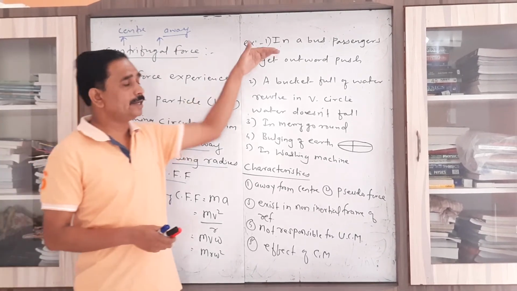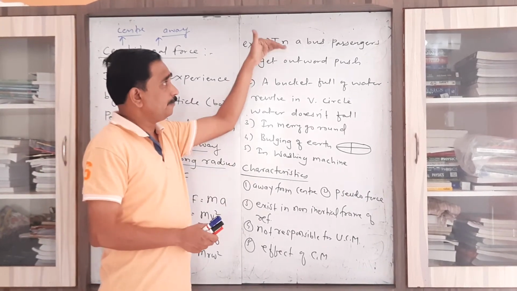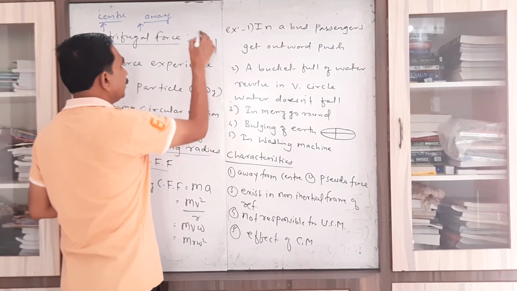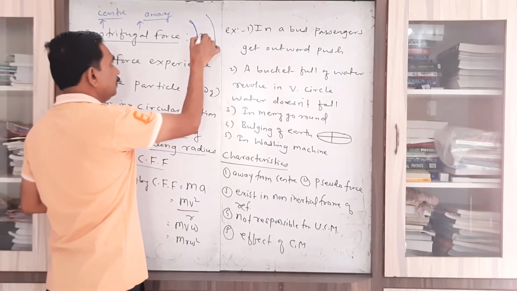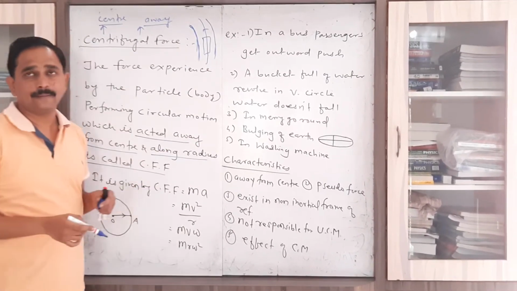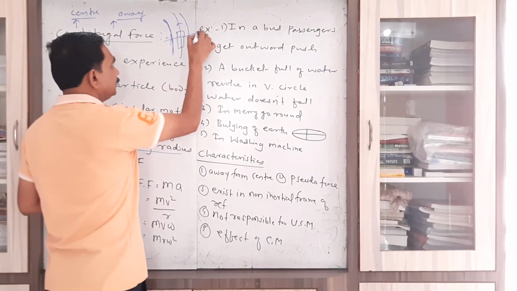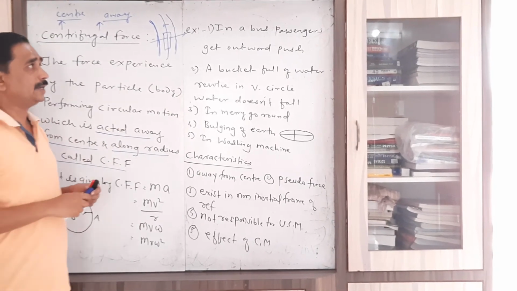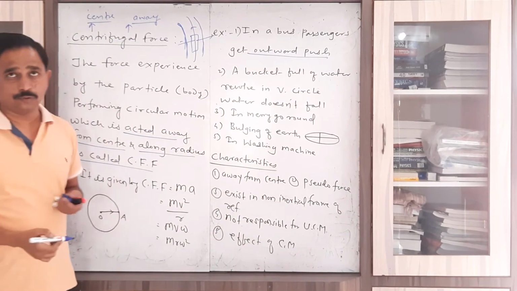A very familiar example, which everyone experiences when we sit in a bus and that bus starts moving along a curved road. When the bus takes a left turn, the passenger sitting in that bus gets an opposite jerk, an opposite push.